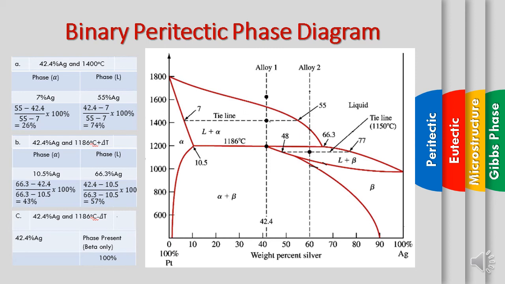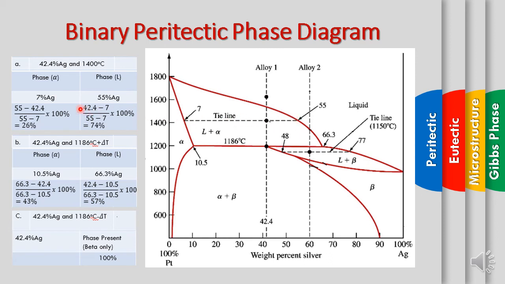So in this case, we have a point at 1400 degrees Celsius, and we will make this line, and then we have the intersection of this point and this point.